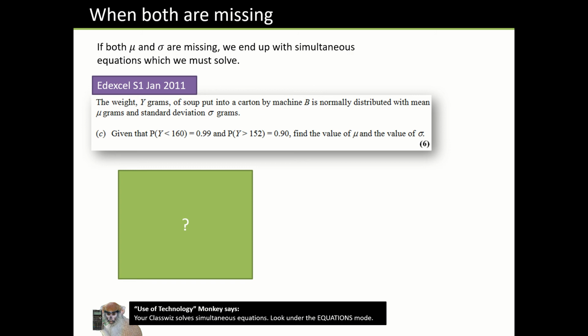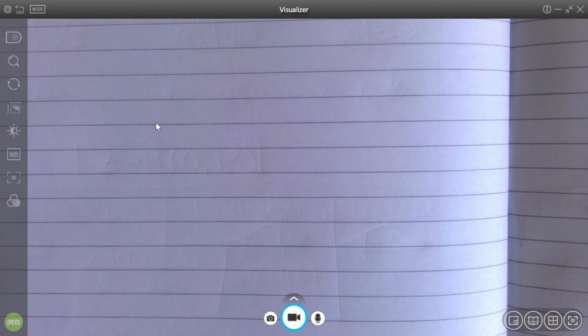And you can see that one of the hints that was given to us here was that ClassWiz does allow us to solve simultaneous equations. So see if you can set up the simultaneous equations and then solve them for this problem. You should have started by figuring out the z values that link to these, just like we did on the previous ones.